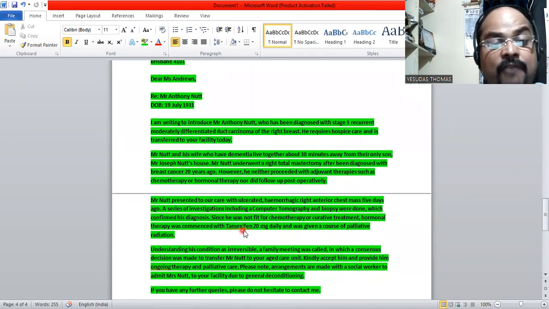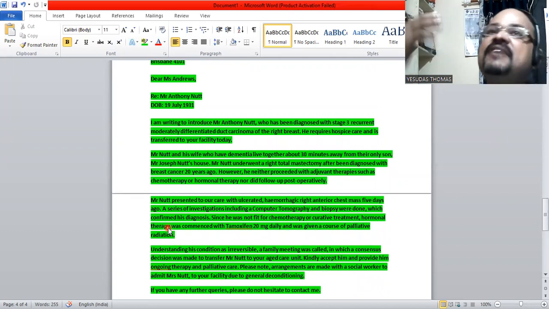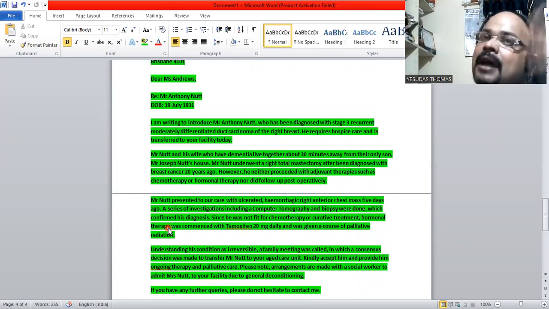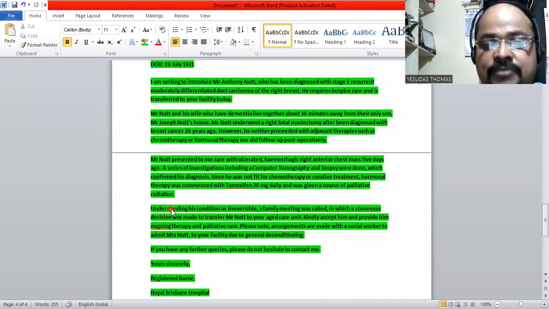Since he's not fit for chemotherapy or curative treatment, hormonal therapy was commenced with tamoxifen 20 mg daily and he was given a course of palliative radiation. So that's the present condition of the patient.